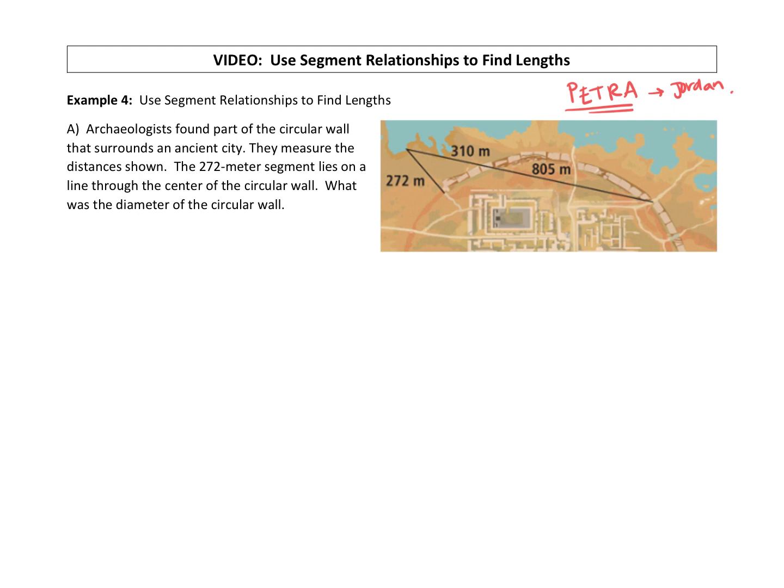Let's redraw this. All right, so we have a circle. This is the circular wall in question. This is surrounding the ancient city. We can see that there is a segment. Let's say we'll put it out here. It's going through to the other side. That is that 805 meters right there.